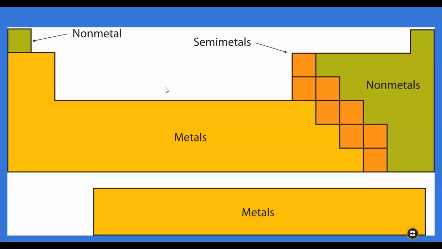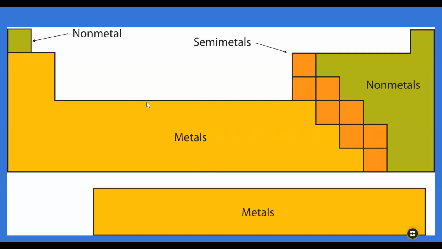The periodic table is divided into three main parts. You have the zigzag line here. Some people call it a diagonal line, some people call it a staircase. This staircase separates the metals from the non-metals.